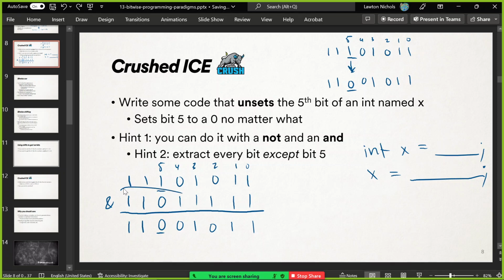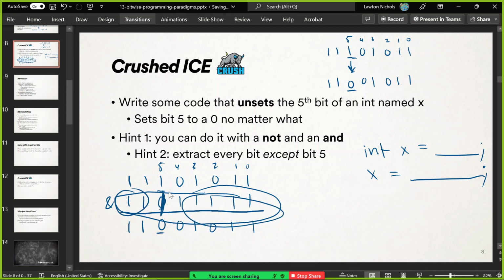How can I generate this fancy number with a bunch of ones everywhere except for one spot? The trick is to use negation. Otherwise you have to deal with each individual bit. What is this but the negation of the number with just a 1 here and a 0 everywhere else?